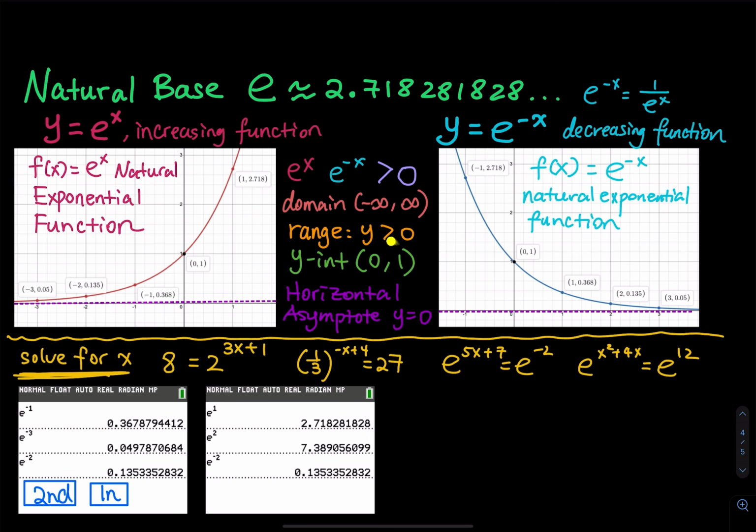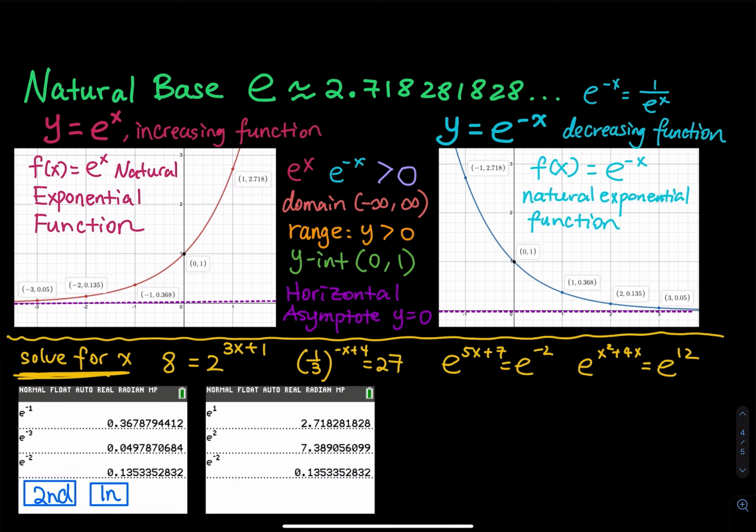There is no equal sign because y never equals 0. Do you see this purple dashed line is a horizontal asymptote on the x-axis, and therefore for both functions, the y-intercept is at (0, 1).